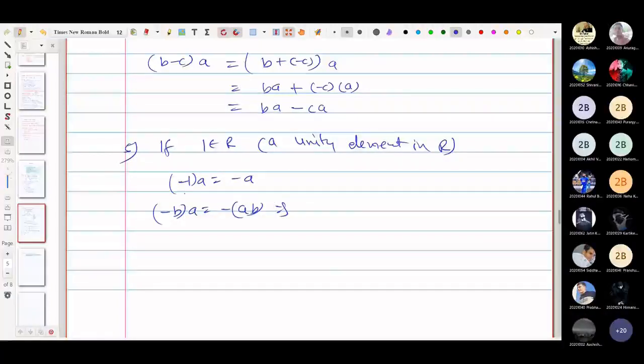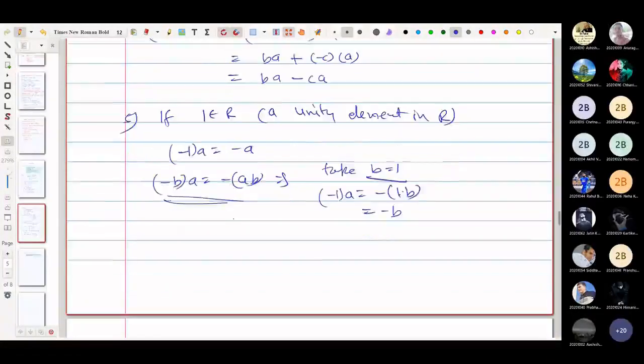So you can take b equals 1, the identity element. So this implies that (minus 1) times a equals minus 1a, and the property of the identity is that 1a is nothing but a. So this is going to be minus a. Because a is arbitrary, you can replace accordingly, or else you can use another pair of this result. So there is no problem.